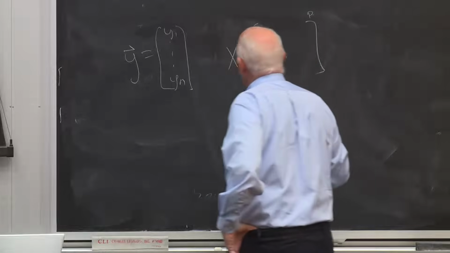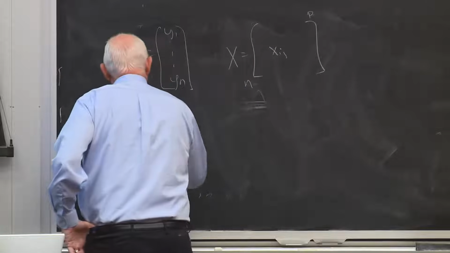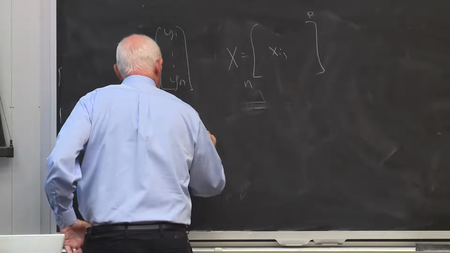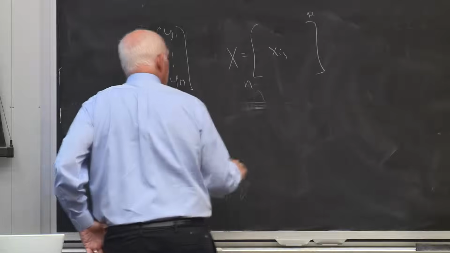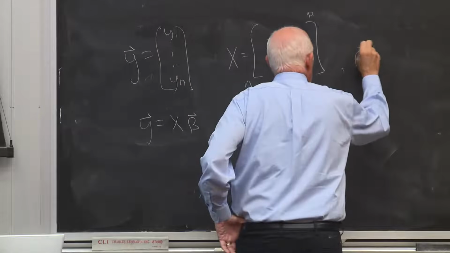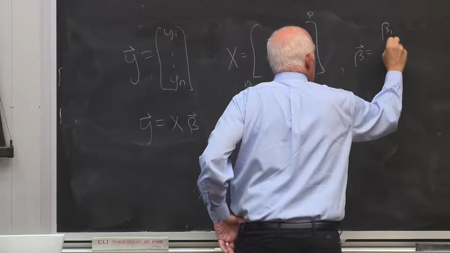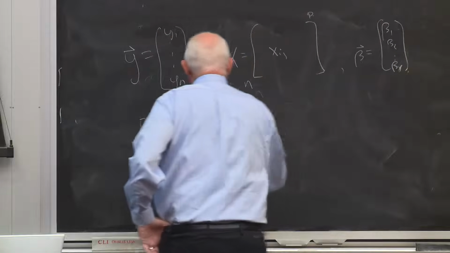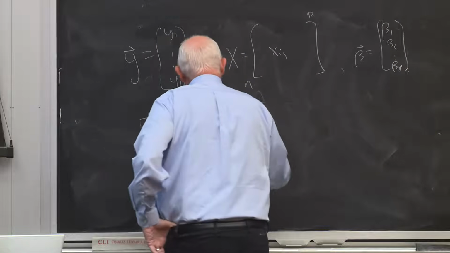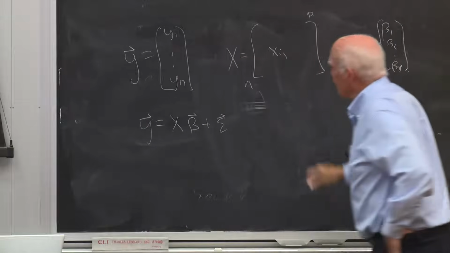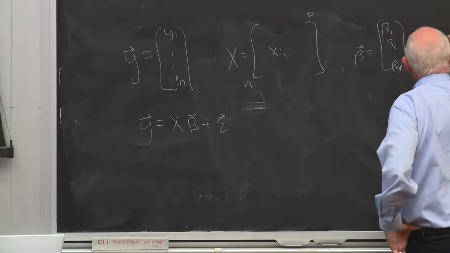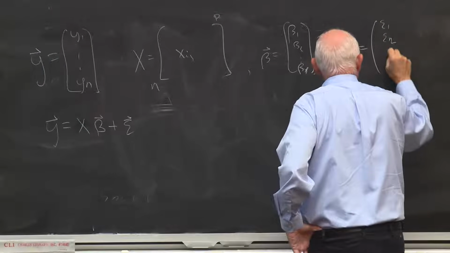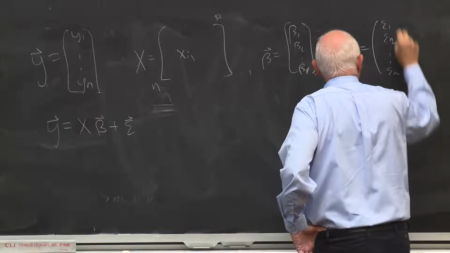And then our model will be that y is equal to x, the matrix, times a beta vector. So we can have a beta vector that has p components, and an error vector which has n terms corresponding to the n cases.